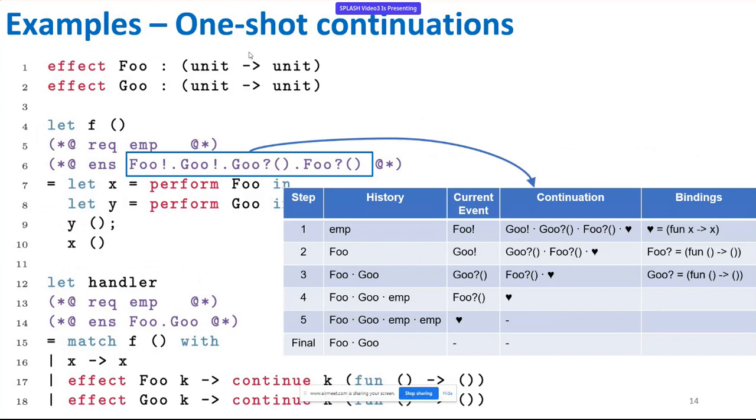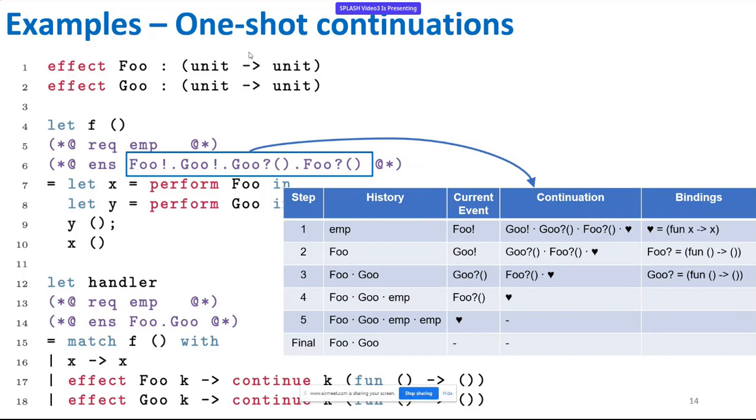The next thing to do is check that there's a matching handler case for the current event foo. So we consider it handled, and then we move to the second step. Because the body is a continue, we can just continue moving forward. At the same time, you might notice that we bind foo question mark and goo question mark to the functions that we encountered as higher order arguments.